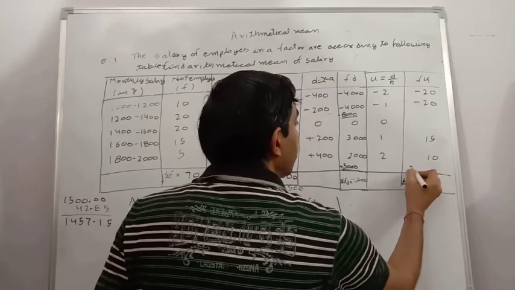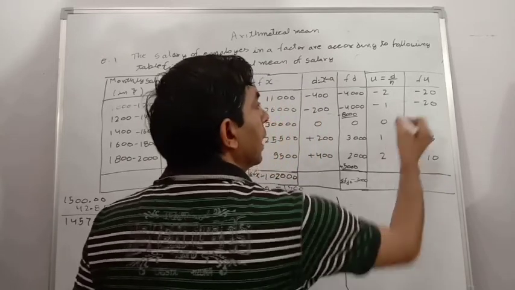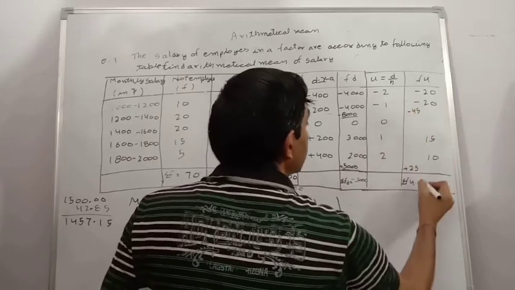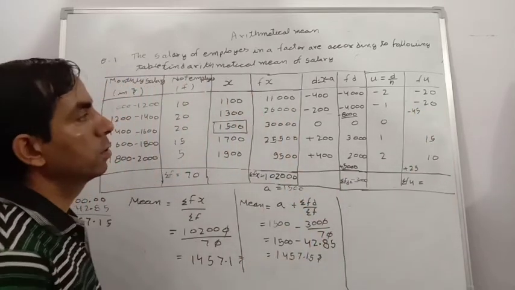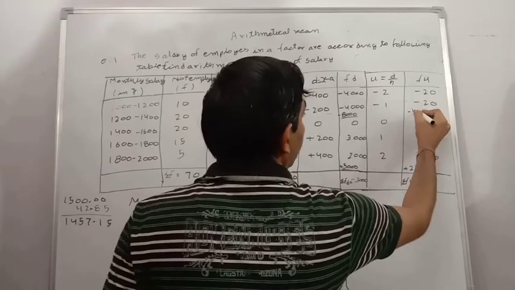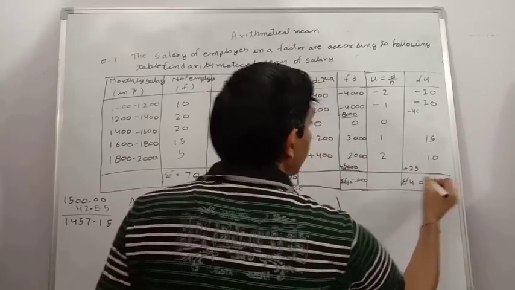Here we get the positive number 25 and the negative number minus 40. After minus 40, we get minus 15.